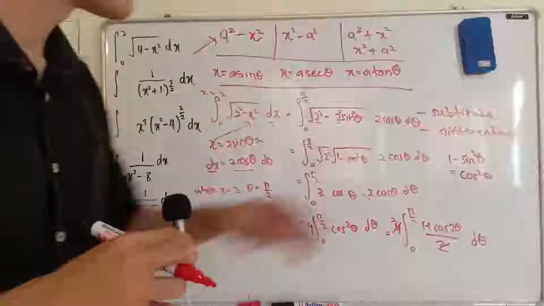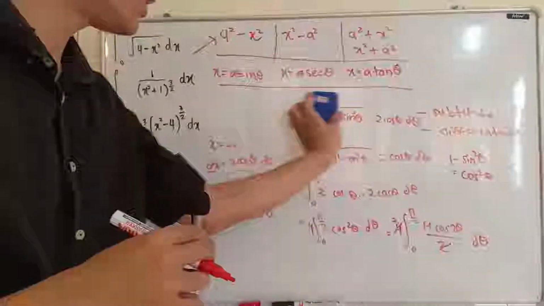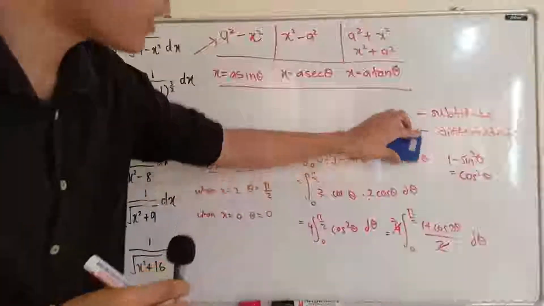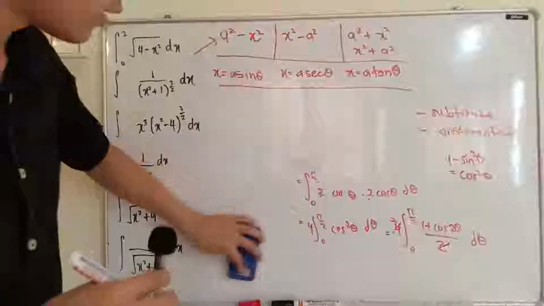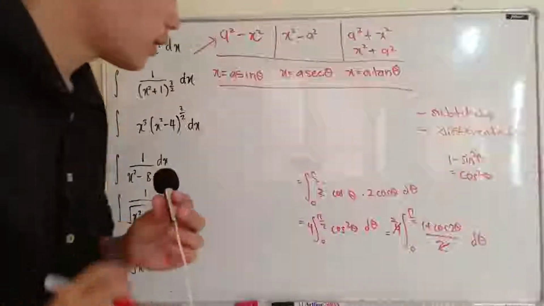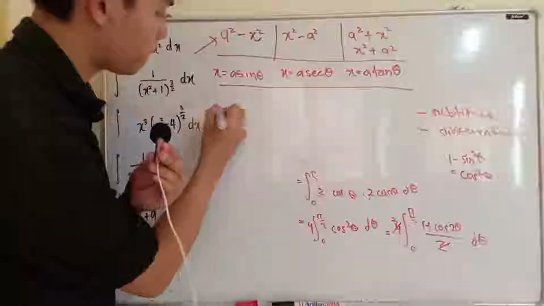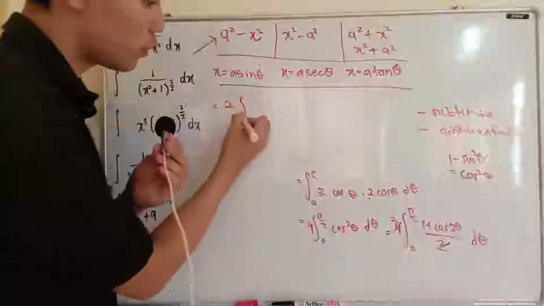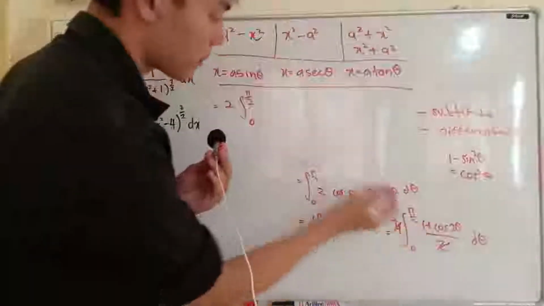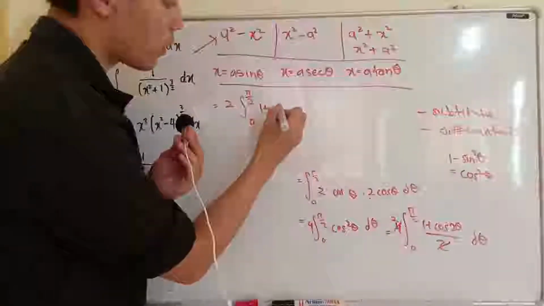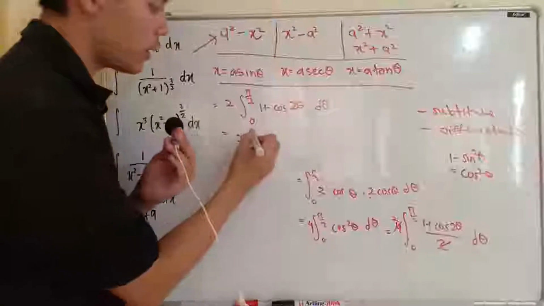Now I'm just going to erase this part. We're done with this part. So now you have pi over 2 to 0, 2 times the integral of 1 plus cos 2 theta d theta, and now you just integrate it.